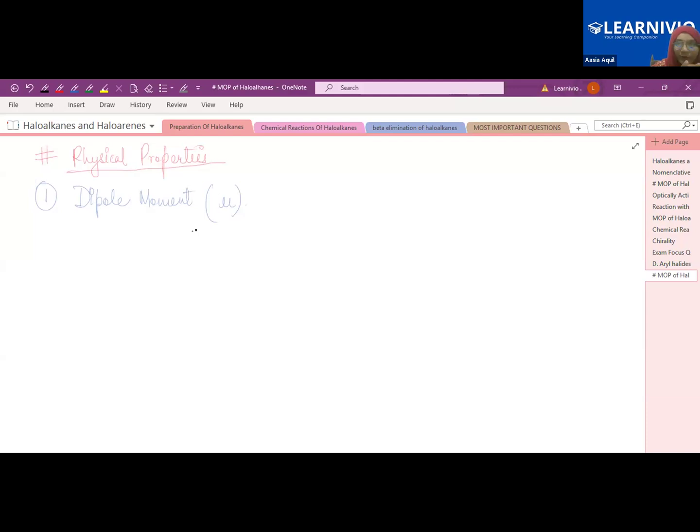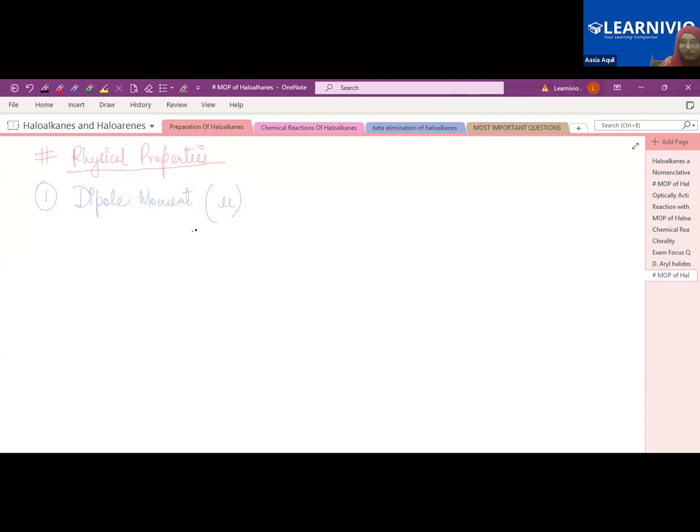Okay, see, dipole moment measures the separation between the positive charge and the negative charge. And dipole moment in a molecule is caused by the difference in electronegativity. If one atom is electropositive, the second should be electronegative, just like in hydrogen and fluorine, HF. Fluorine is most electronegative, but hydrogen is electropositive.